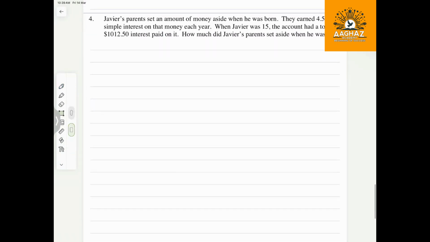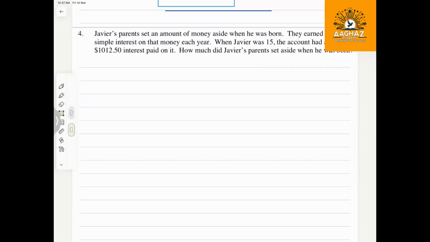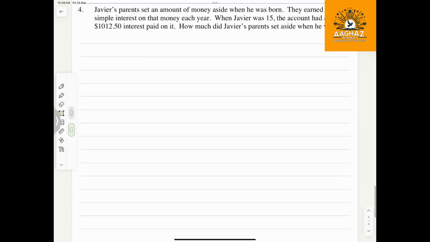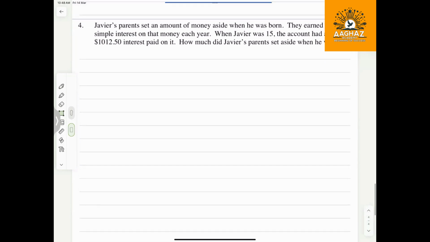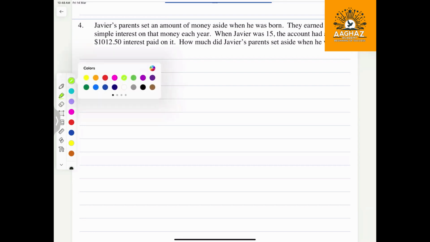Okay, so now the next question, I am going to start this one. For this question, J is a person, and J's parents set aside an amount of money when he was born. And they earn 4.5% simple interest on the money each year. I mean, the interest rate for this amount is given, 4.5%.